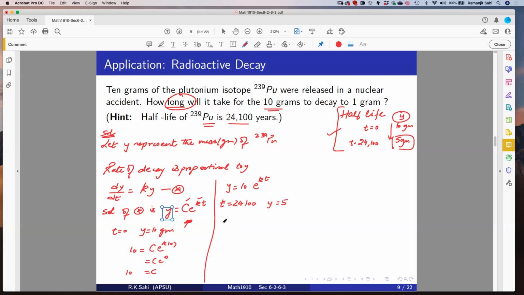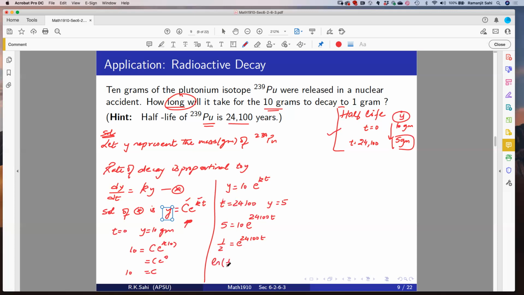So substituting, 5 equals 10 e to the power 24,100 k, which is half equals e to the power 24,100 k. Now I'm just going to take the natural logs.